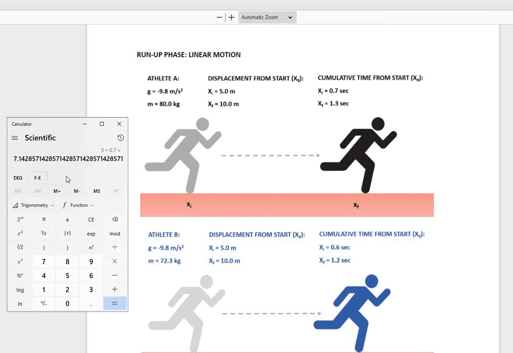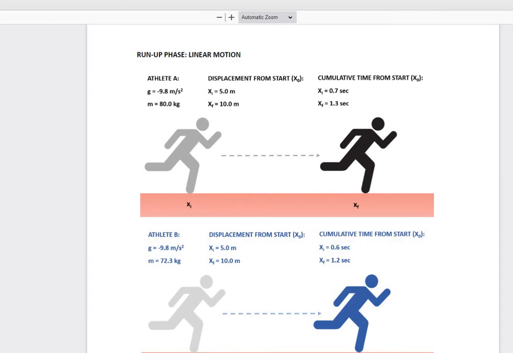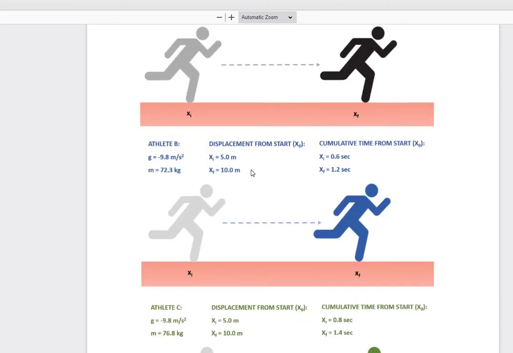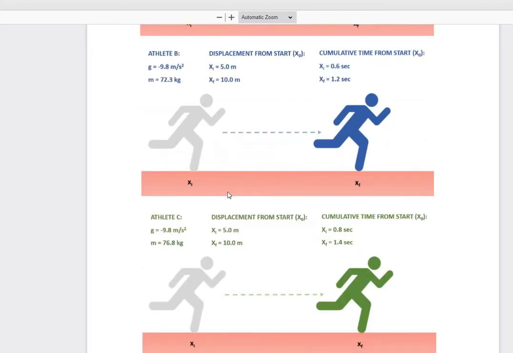You should round to 1 decimal place, so this would be 7.1 meters per second. So there you go, there's a freebie for you. And as you progress through the module, you will be introduced to more and more equations that will help you to build on this knowledge and enable you to analyse it in far greater detail.